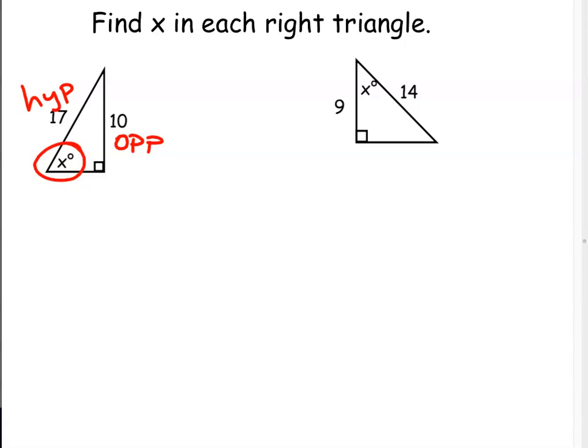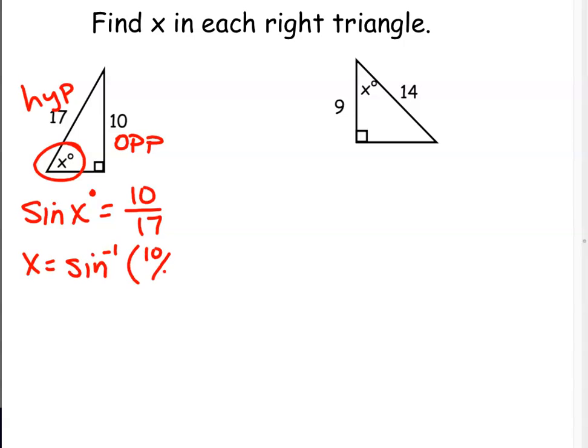Okay, so which trig function uses opposite and hypotenuse? Sine. So sine of x would be opposite over hypotenuse, 10 divided by 17. So to find x, then we are going to have to use the inverse sine of 10/17.